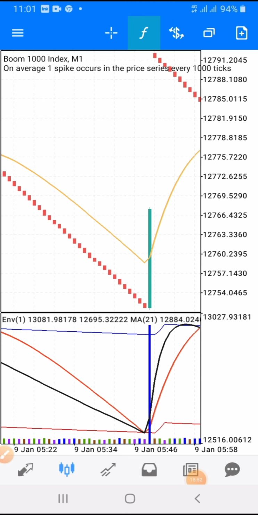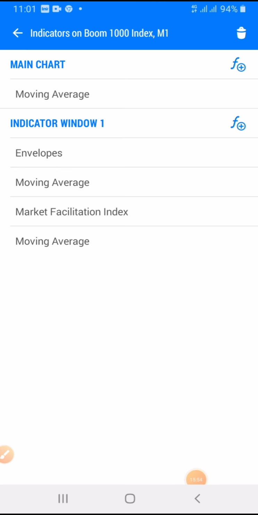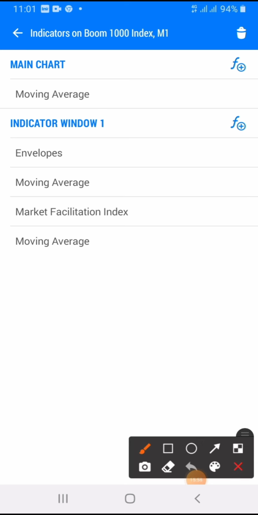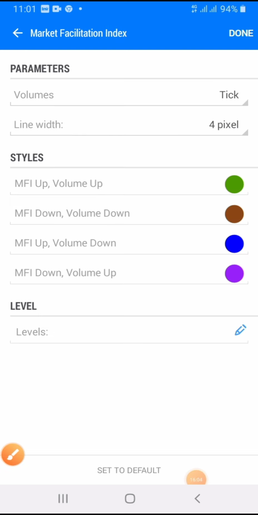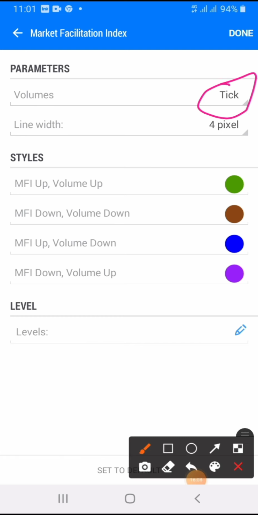So the second one, you click on the F icon again. The second one that you are going to add is our MFI, market facilitation index. Once you click on it, you leave it at tick, 4 pixel I used. You can use any pixel of your choice, but use 4 pixels so that you'll be able to see it well.